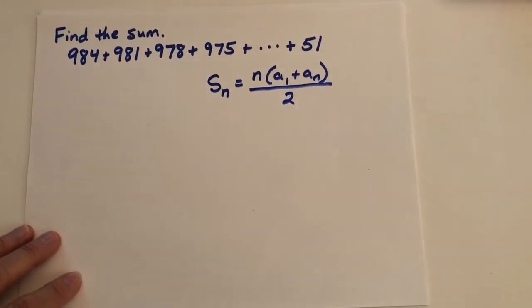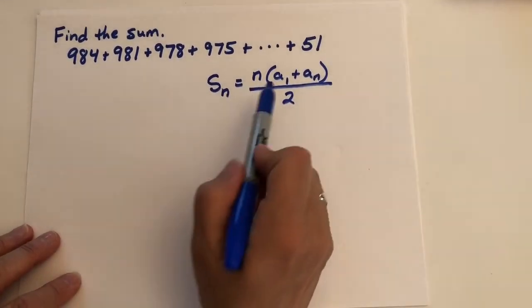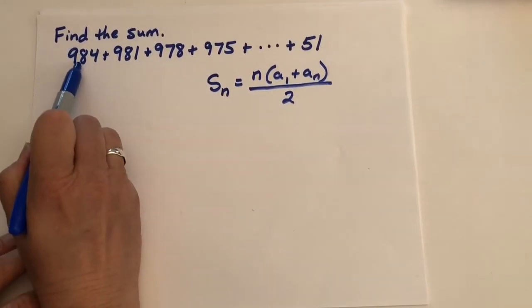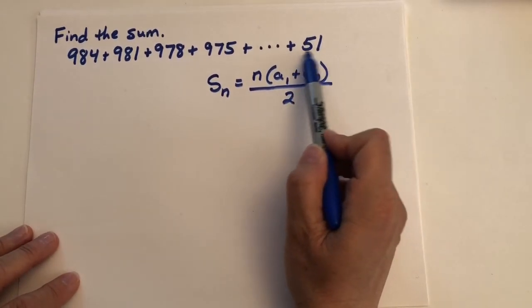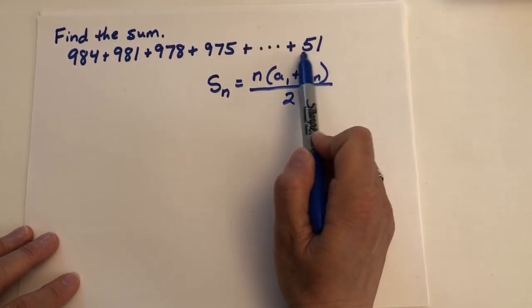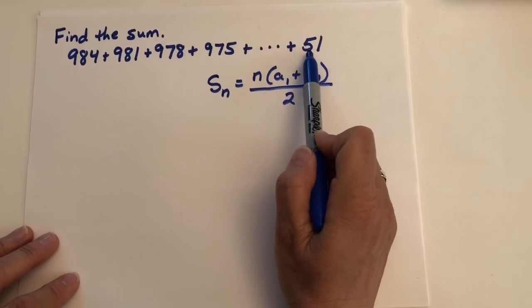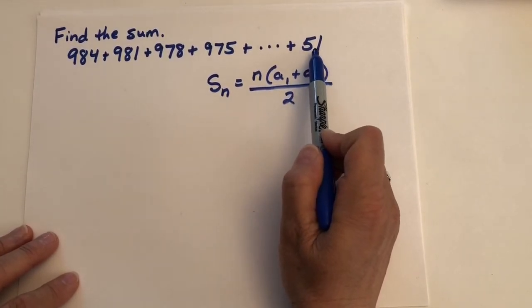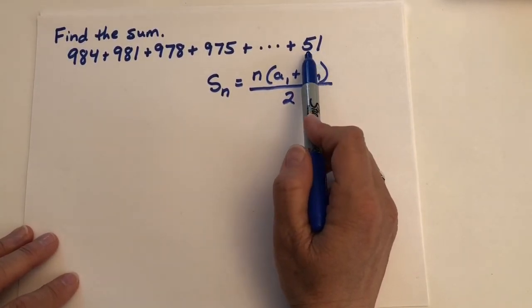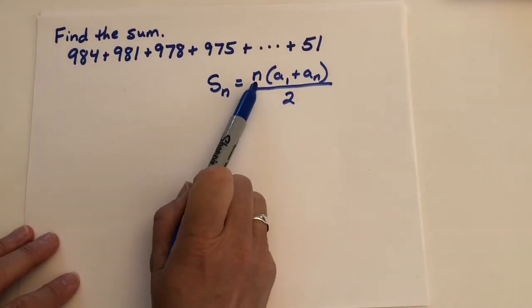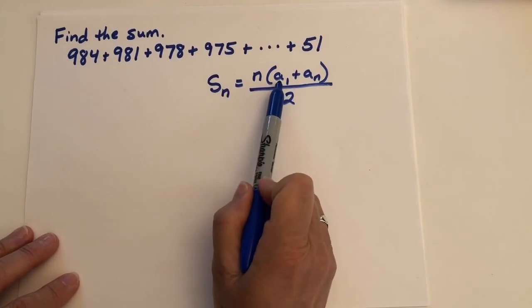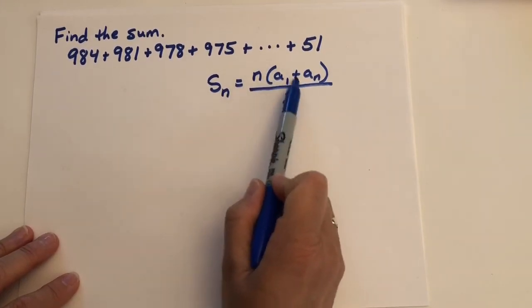This time, I know the first term, it's right here, and I know the nth term, but I just don't know in what position this term is. Is this the 20th term, or the 300th term, or the 117th term? That's important because that's our n value. Remember, these are actually the values of the terms.